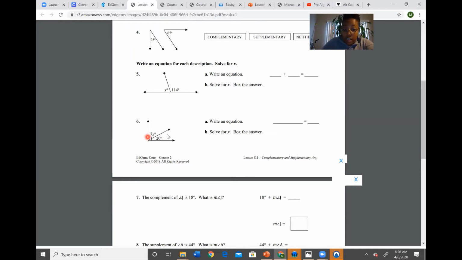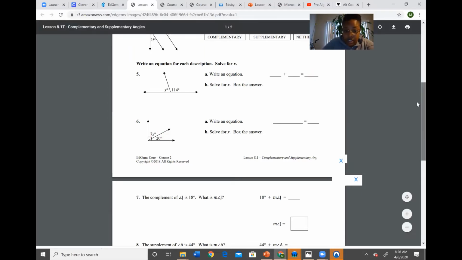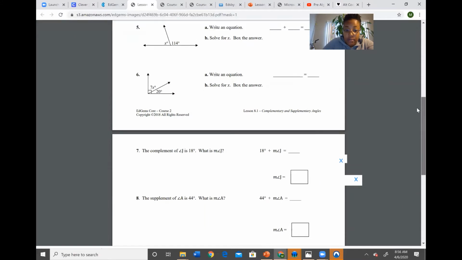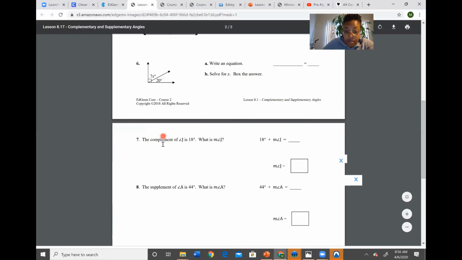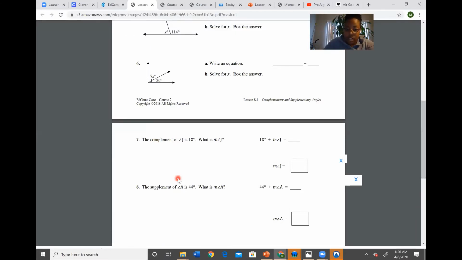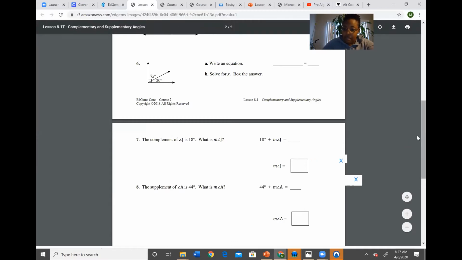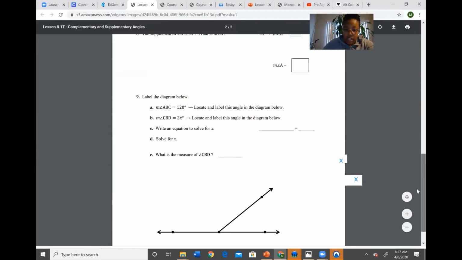Use the numbers that are there, but it's a 2-step equation. Complement, corner. Supplement, straight line.